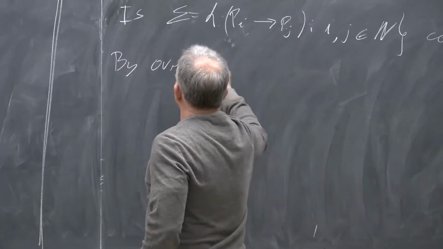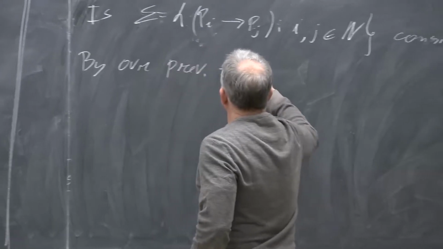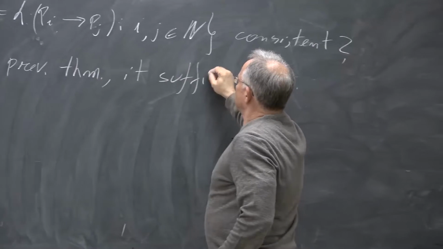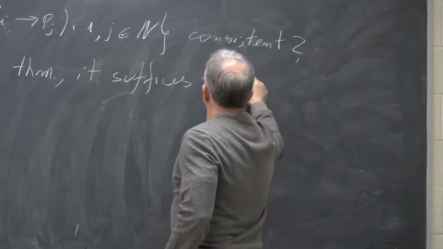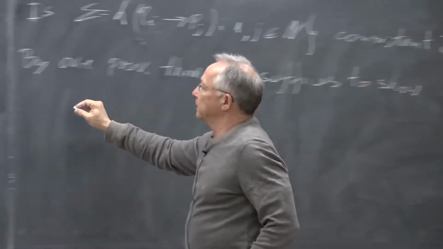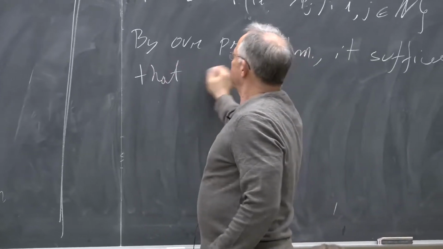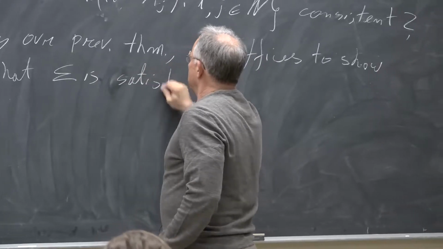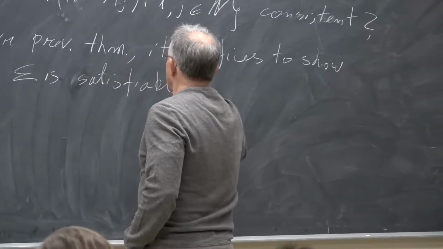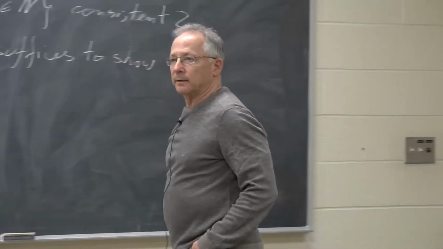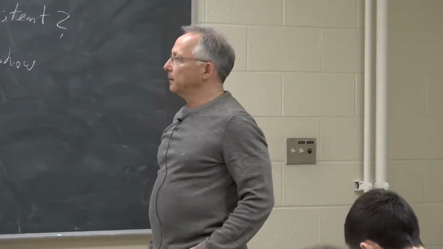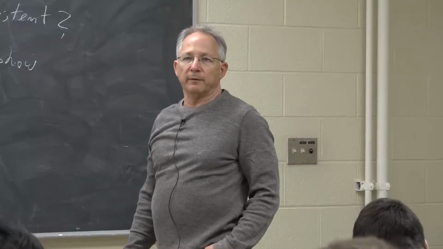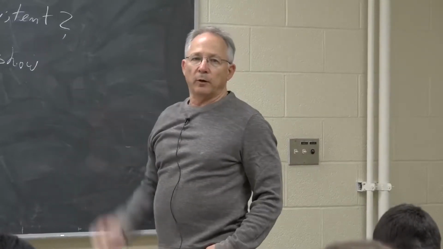So by our previous theorem, it suffices to show that sigma is satisfiable. And this is very easy. Because to show it's satisfiable, I just have to give you some truth assignment. So which truth assignment will satisfy all the formulas in my sigma?